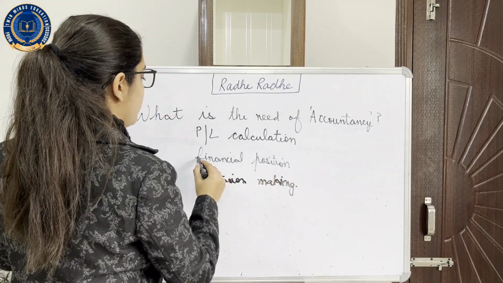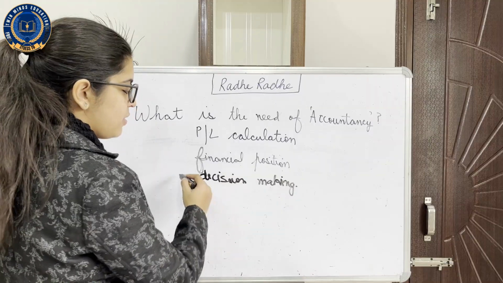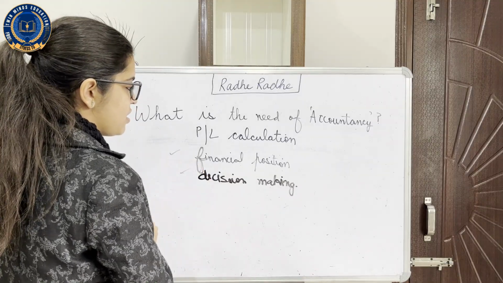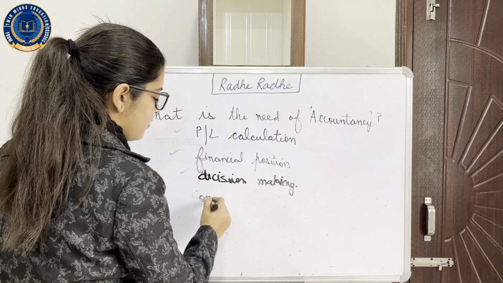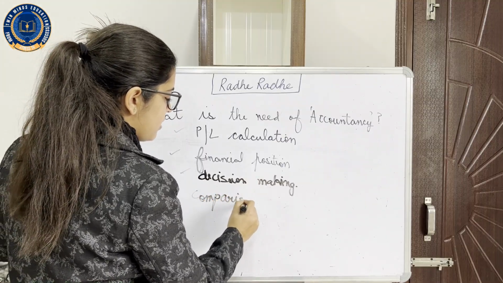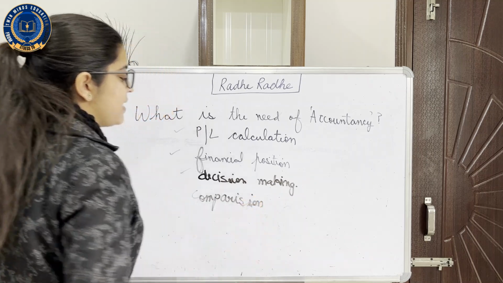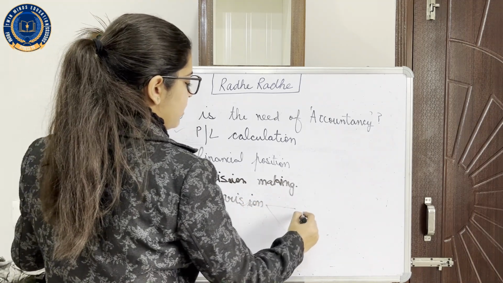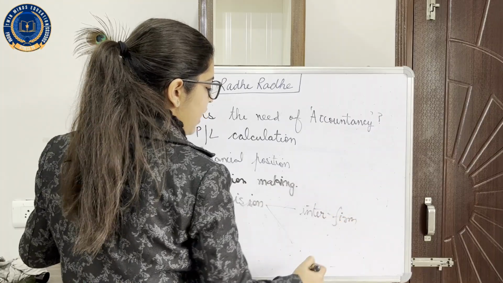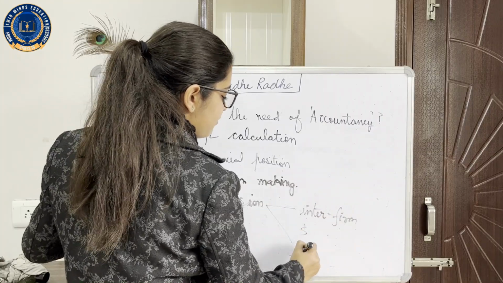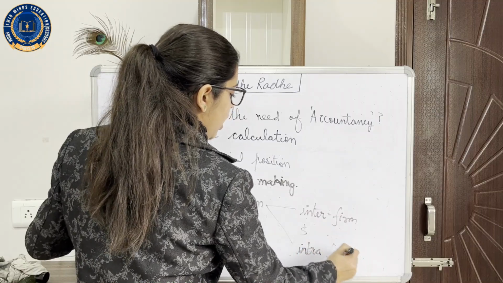Other than that, what does accountancy do for us? Decision making, financial position, profit and loss calculation, comparison, which can be inter-firm and intra-firm. Already explained.